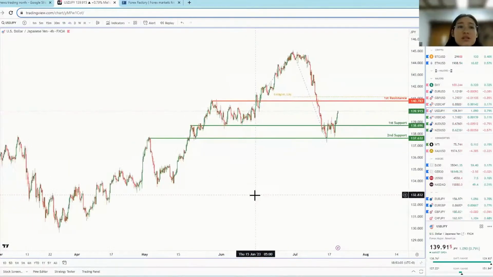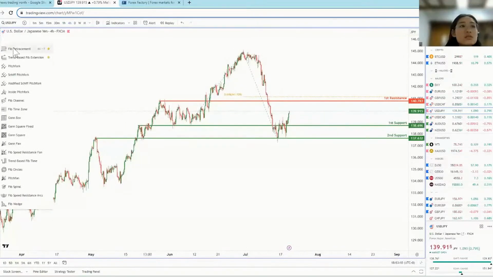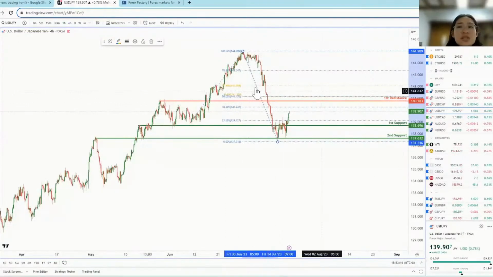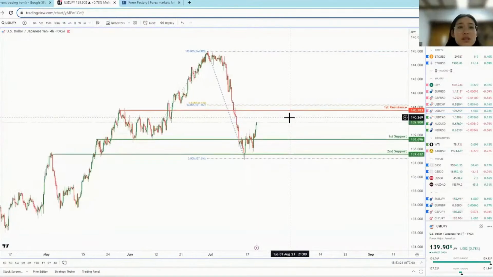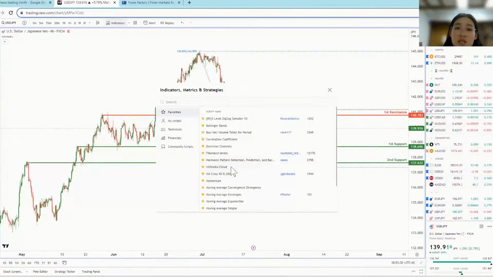Okay, I guess my 50% also lines up with my first resistance, so I'll just keep that. Okay, I think that's all that we have.